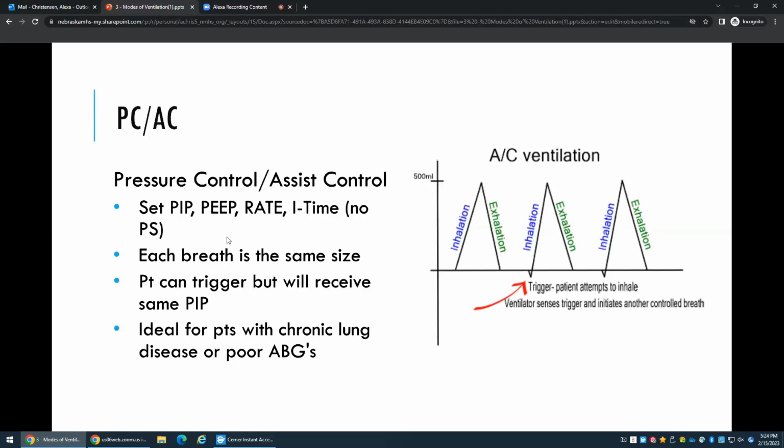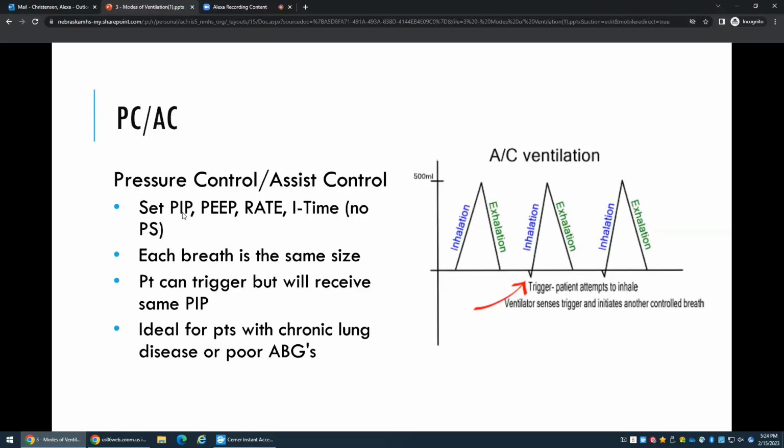That assisted pressure that assists the patient's spontaneous breath is no longer there, because even if the baby triggers a spontaneous breath, which is what's happening right here, the vent knows to give the same size of breath. So the breath will be the same PIP, or if we're in a volume mode, it'll be the same tidal volume. The baby can breathe spontaneously as much as they want, but every single breath in this mode will be the same size.